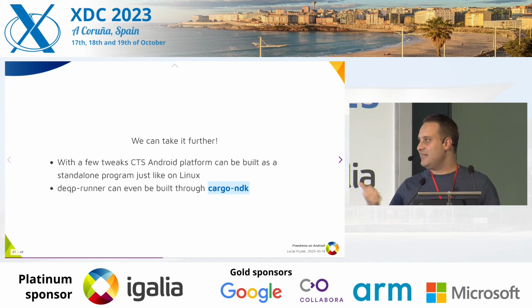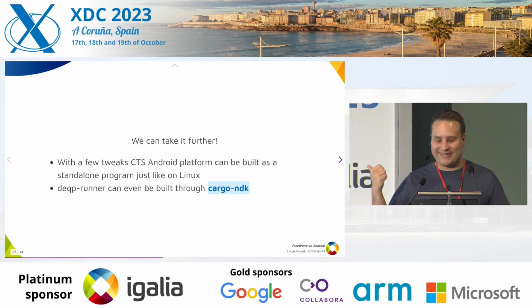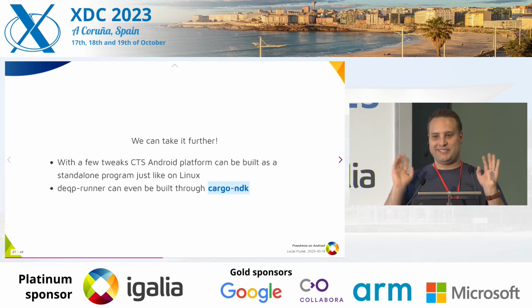And in fact, if you keep repeating what I'm doing here, there's a Cargo NDK, which is an implementation of Cargo targeting Android devices. That lets you build basically anything in the Cargo repos for Android, which includes DEQP runner, which is great because now I can run tests and they will finish before the end of the day.